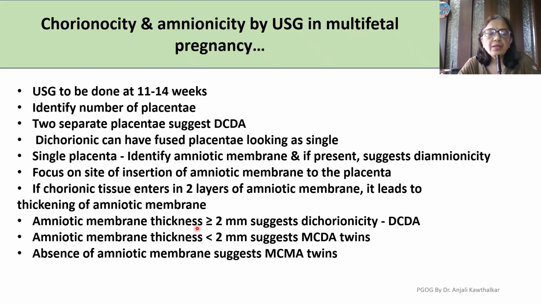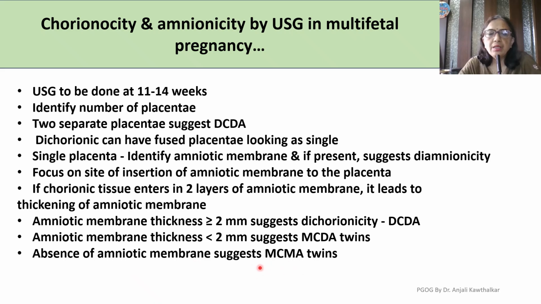Membrane thickness of greater than or equal to 2 millimeters suggests dichorionicity, a dichorionic diamniotic twin pregnancy. On the other hand, thickness of less than 2 millimeters suggests monochorionic diamniotic twins. Absence of amniotic membrane suggests a monochorionic monoamniotic twin pregnancy.